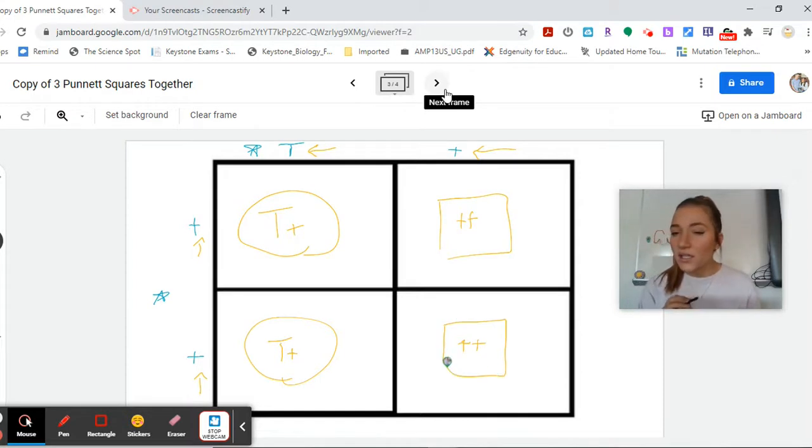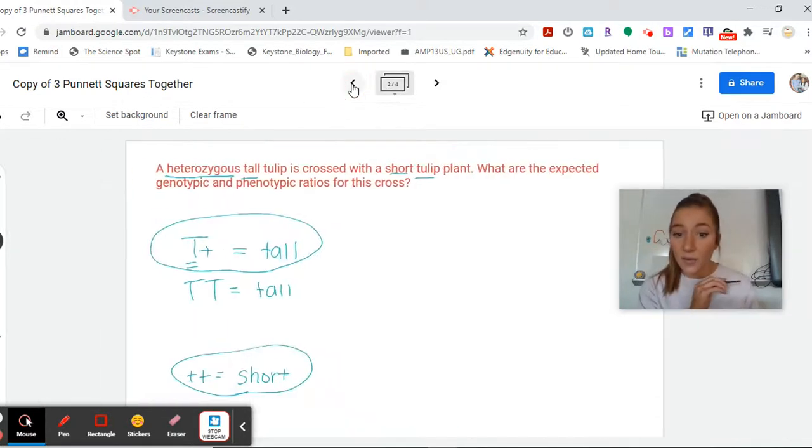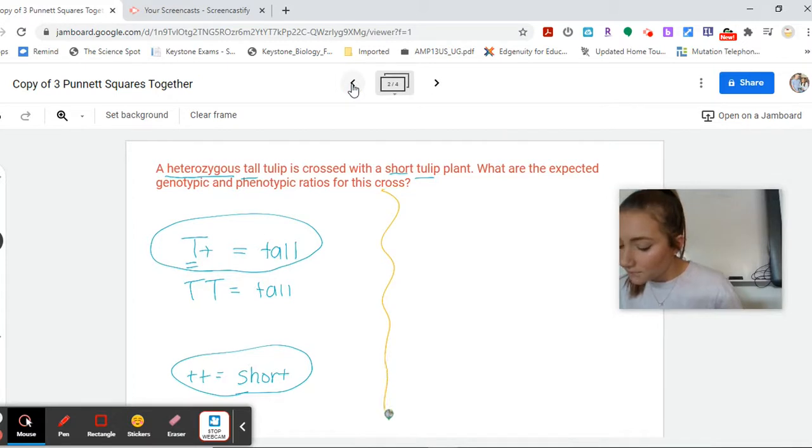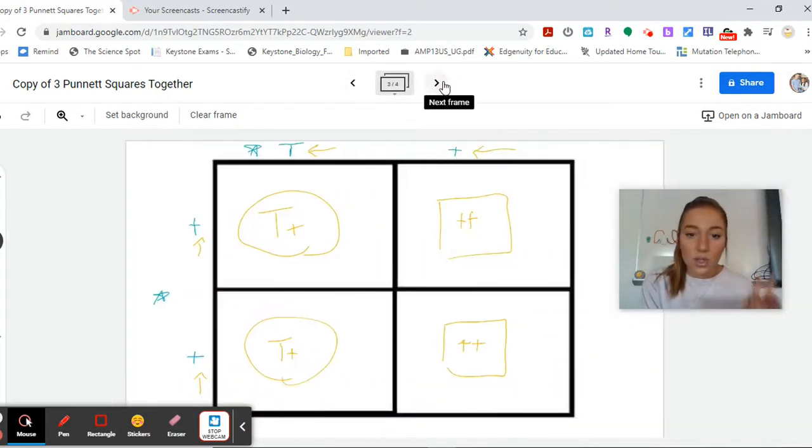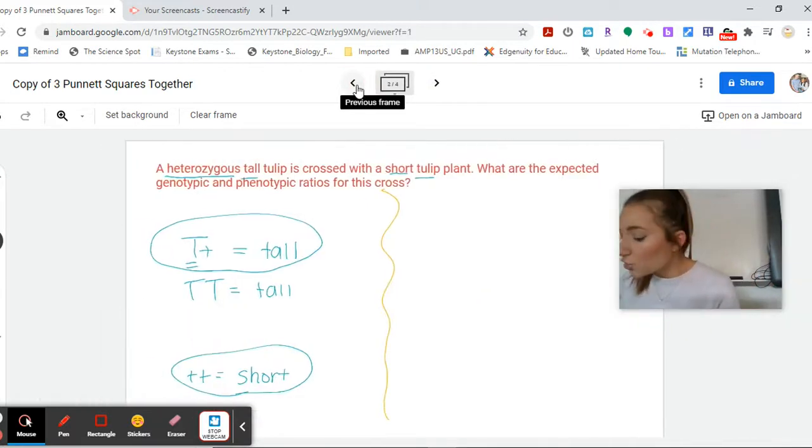So the first thing that we're going to do is do the ratios of the genotypes, aka the set of alleles. So looking at this cross that I just did, we saw that 2 out of 4 of my boxes are big T, little t. 2 boxes out of 4 would be 50%, or you could just count each box as 25.